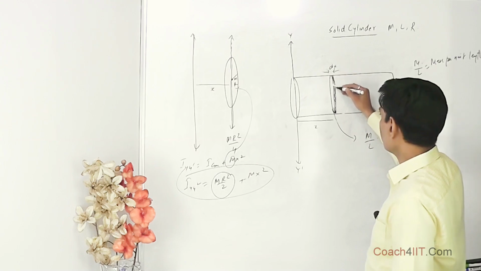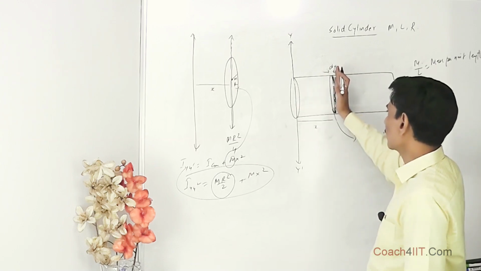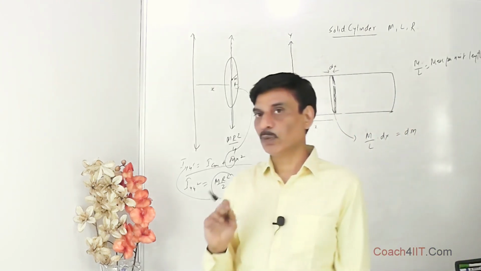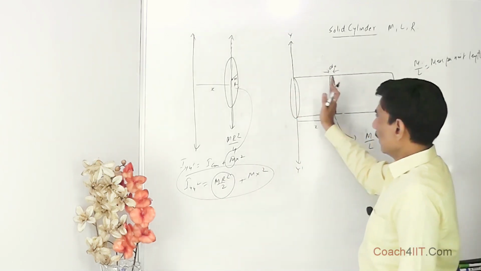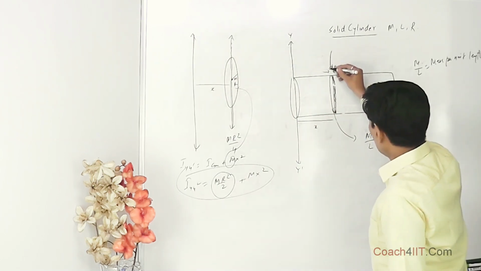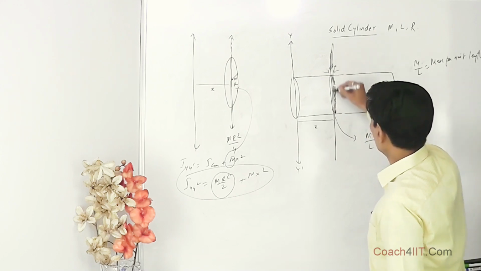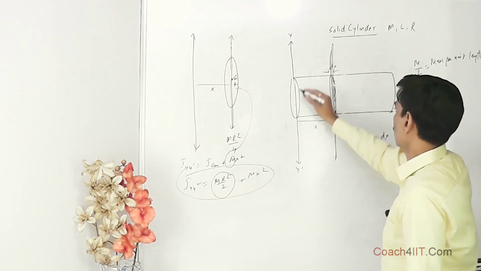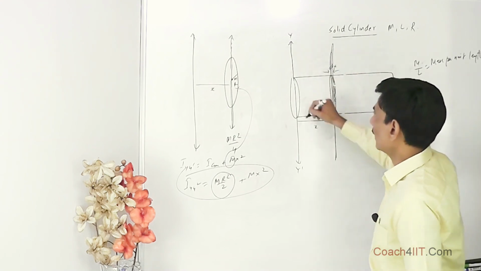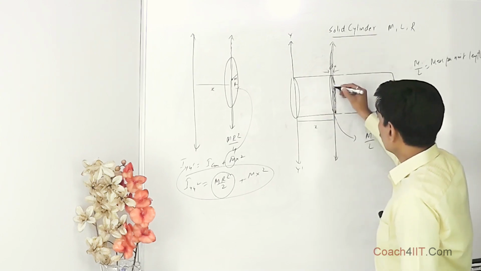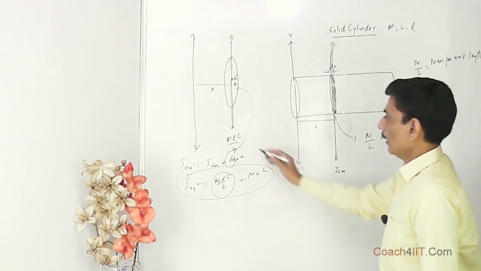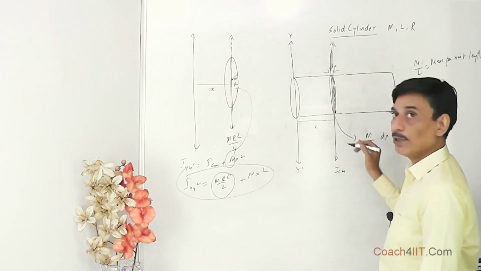Now let's find the moment of inertia of this general disc which we have taken at distance x from the axis about which we have to find the moment of inertia. Can we correlate this disc with what we have understood? The moment of inertia of this disc about the axis passing through its center of mass is, about a diameter, m r square by 4.